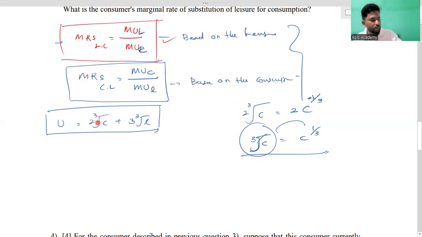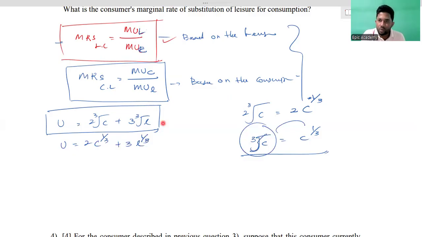You can change the equation in a simple manner. So how? U equals 2C to the power 1 divided by 3 plus 3L to the power 1 divided by 3. Are you okay with that? If you convert all those things, it is very easy to calculate.